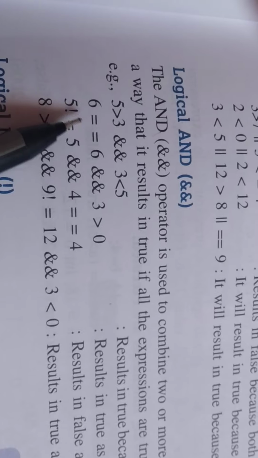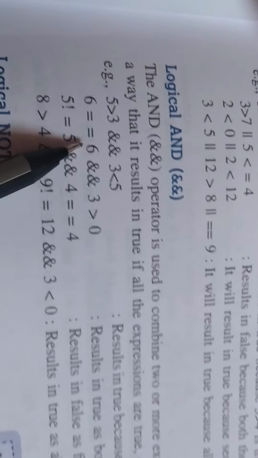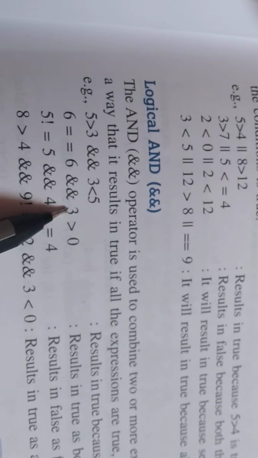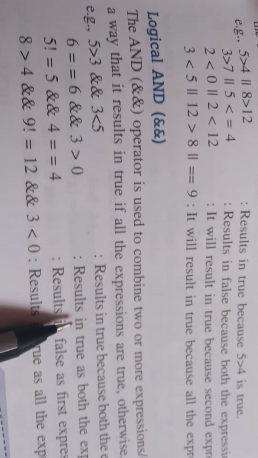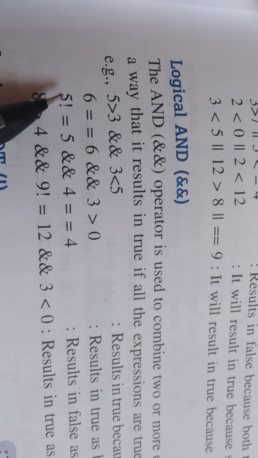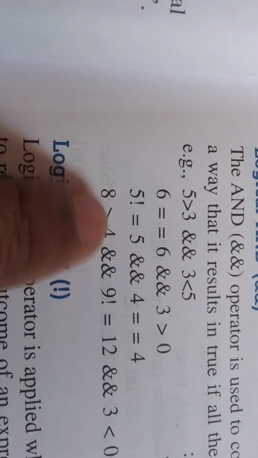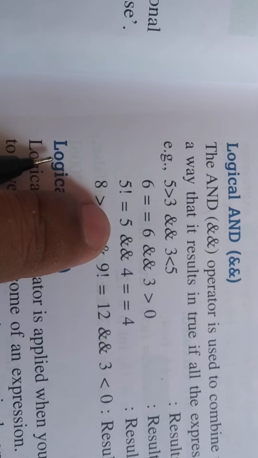Let's see the second. 6 is equals to 6. Yes, both are equal, so this is true. Let's check this. 3 is greater than 0. Yes, so both are true, and that's why your output is true. Let's check this. 5 not equals to 5. This condition says that 5 is not equals to 5.